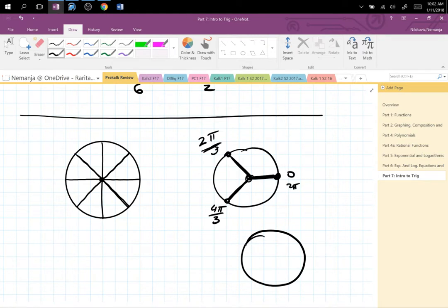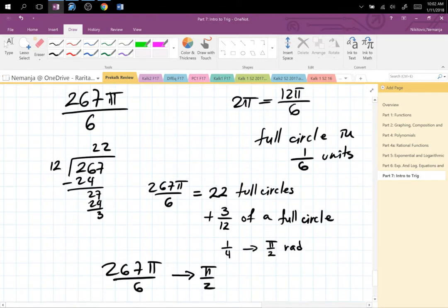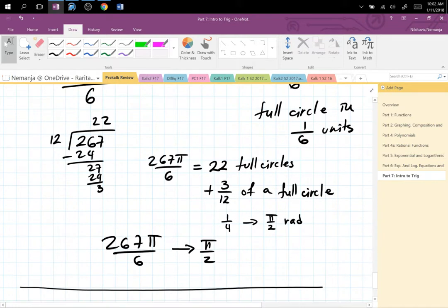The problem that we just did, when you said 22 full circles and pi over 2 radians. Now, if we were putting this in radian form, it would be 22 full circles plus pi over 2. And if we were doing this in degrees, it's 22 full circles and 90 degrees. Let's address that.